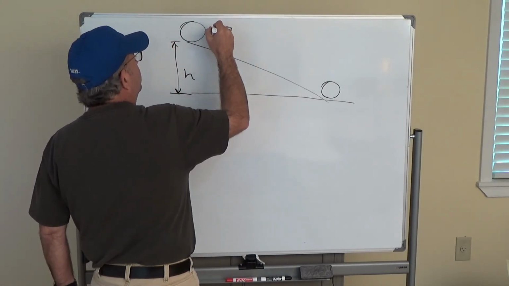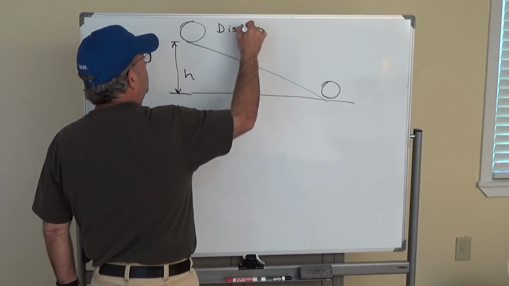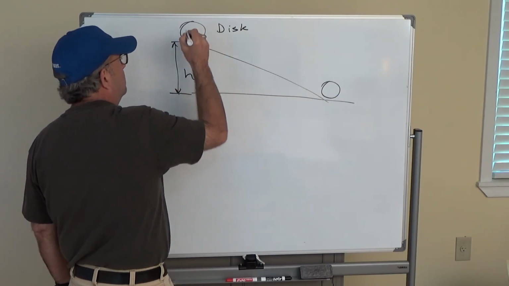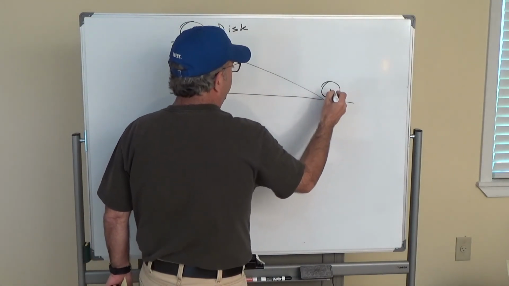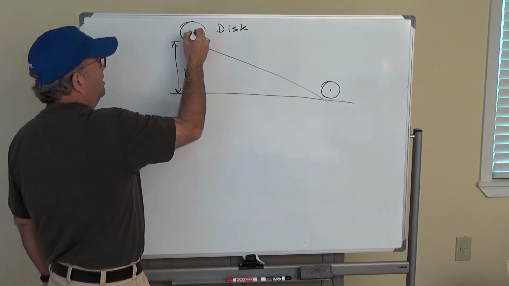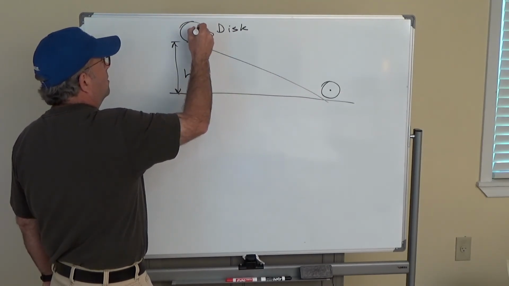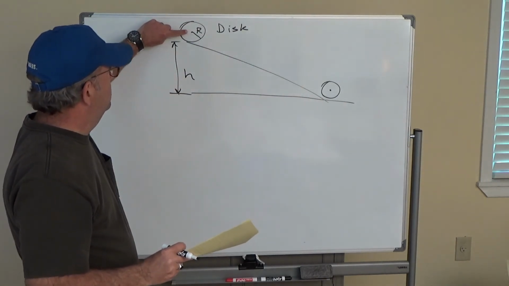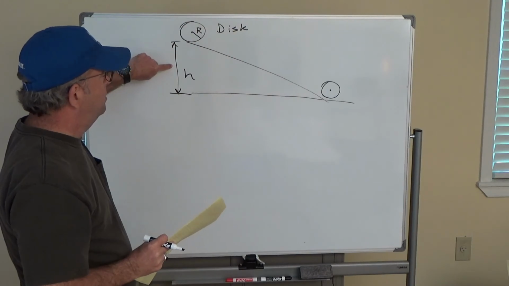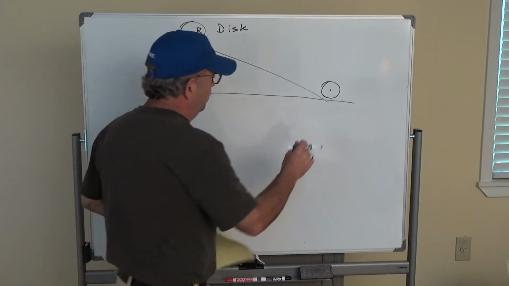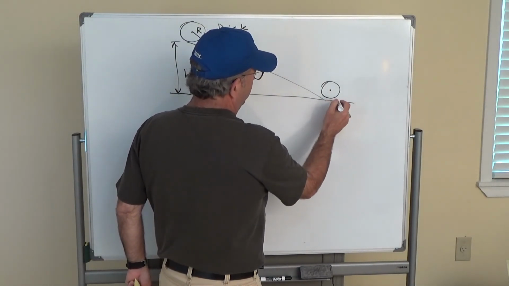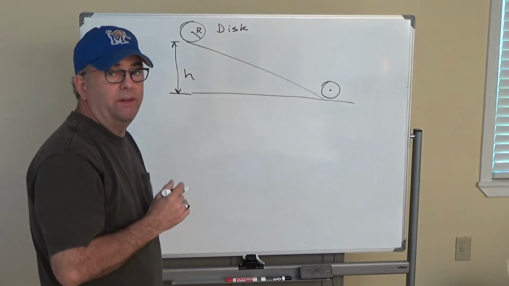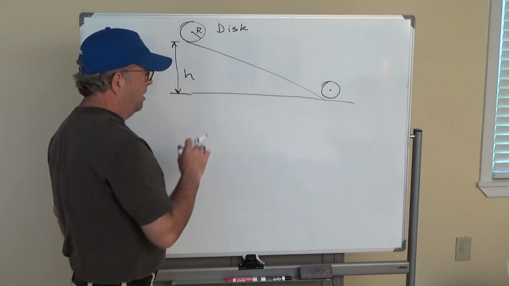So let's make this a disk, and it starts out up here at MGH. It has radius R. Now you might say, well, look at this. The center of mass is R above H. Well, okay, that's true, but the ground here, it's also R above H from where I defined the horizontal.